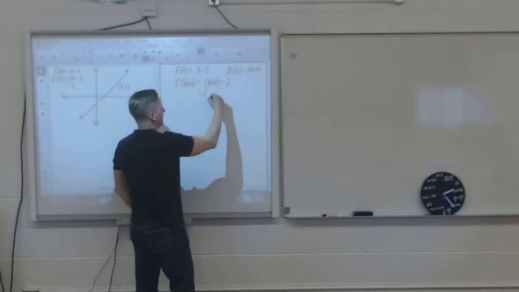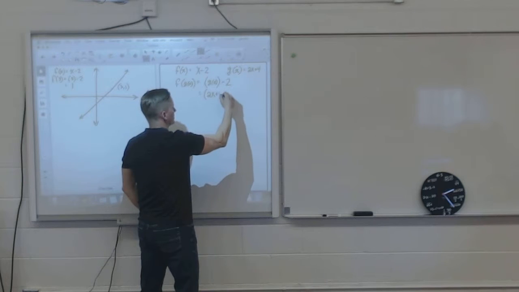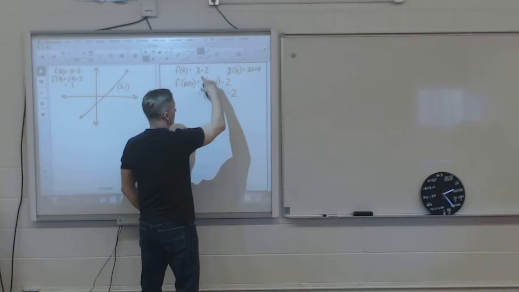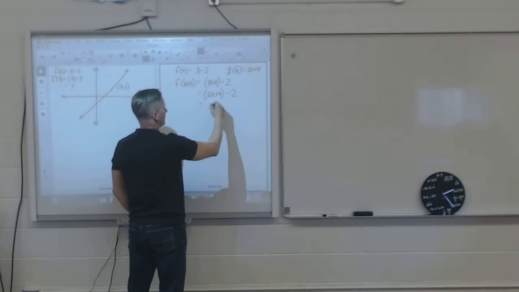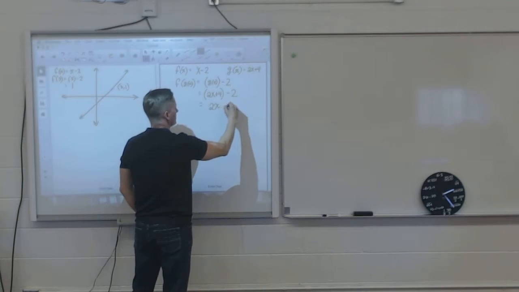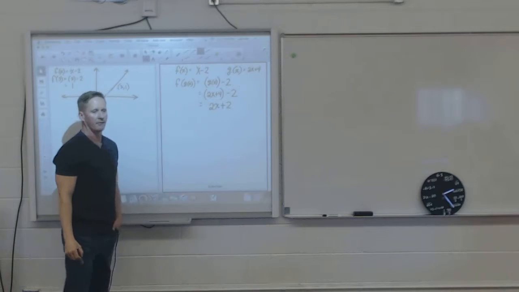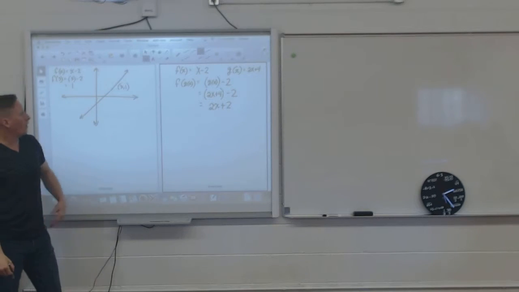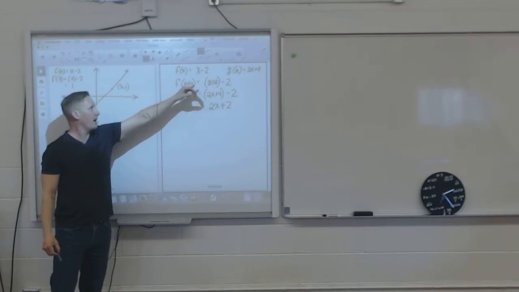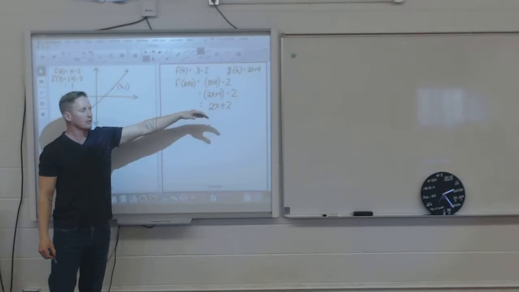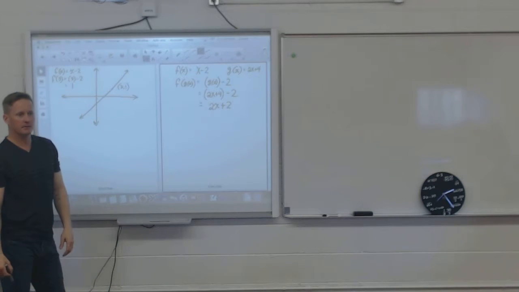So I should have just substituted in 2x plus 4 for my x value there, and then I simplify it, and I come out with a new equation and graph. So far so good?